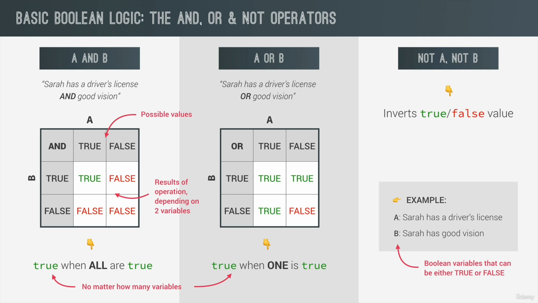Instead, the NOT operator acts on only one Boolean value, and it basically just inverts it. So if A is true, it will become false, and if it's false, then not A will become true. Simple as that. And that's basically how these three most important logical operators work.